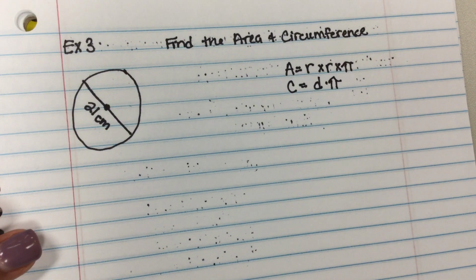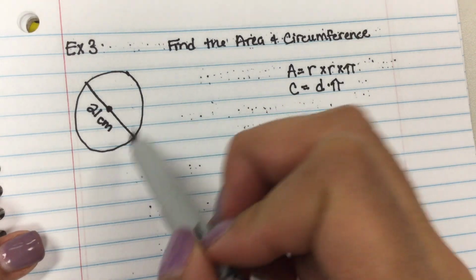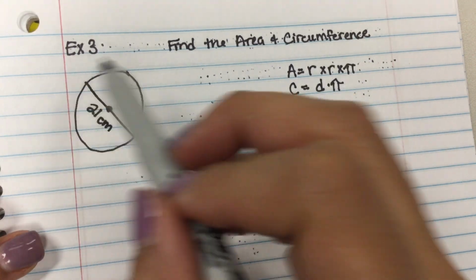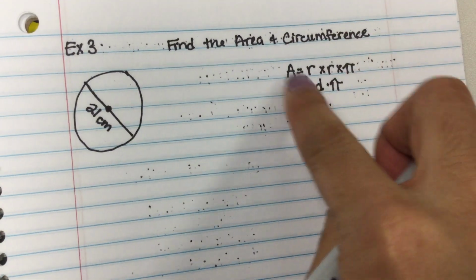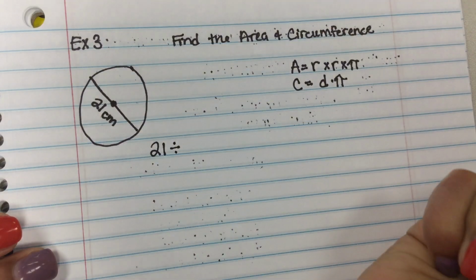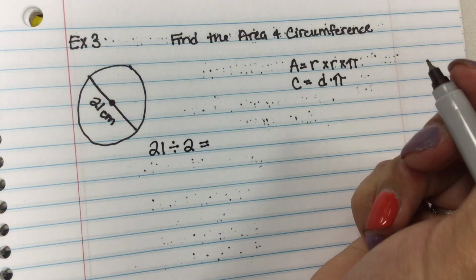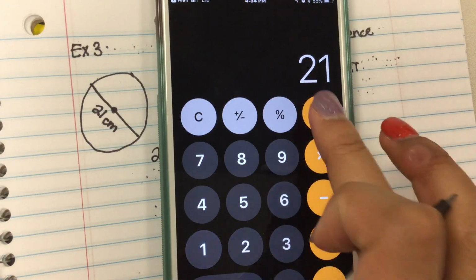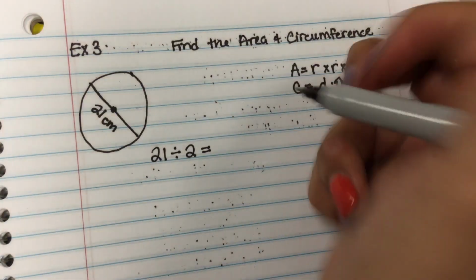Now remember, for area, we need the radius, and over here we were given the diameter. So to find the area, we're going to have to first divide our diameter by 2 to find the radius. In my calculator, I'm going to take 21 divided by 2 and get 10.5.